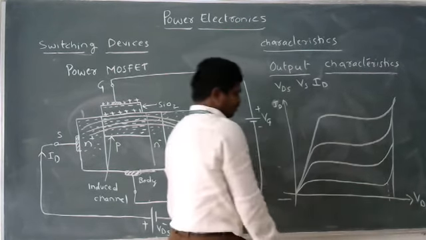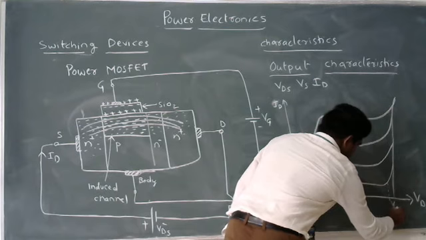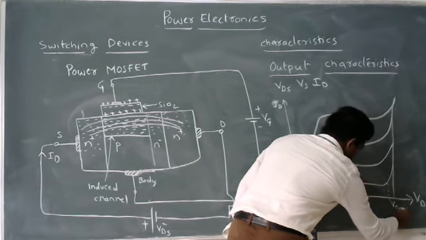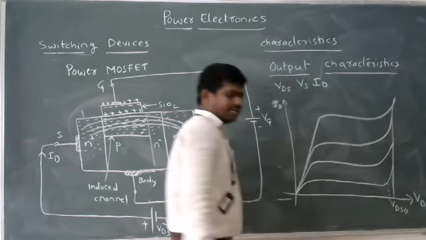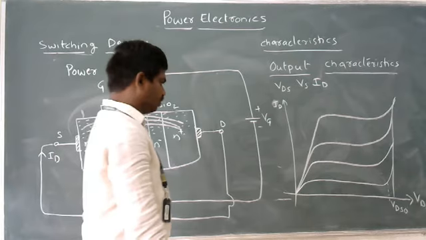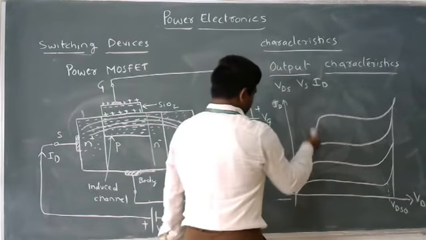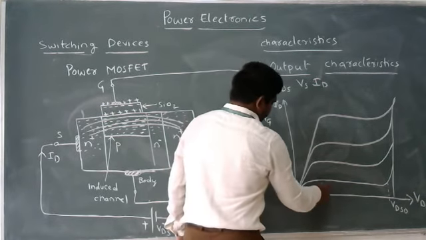You can say this value is VDSO, the breakover voltage. So look at this VG.